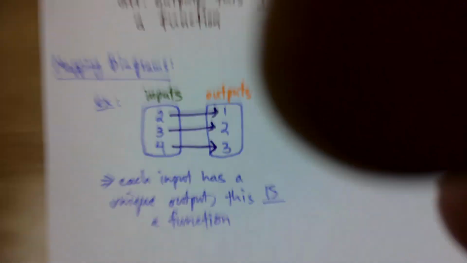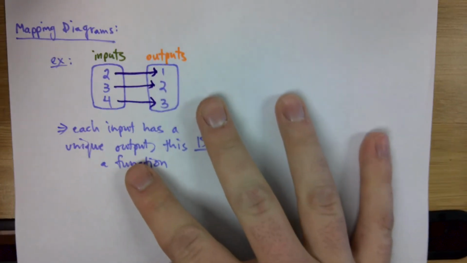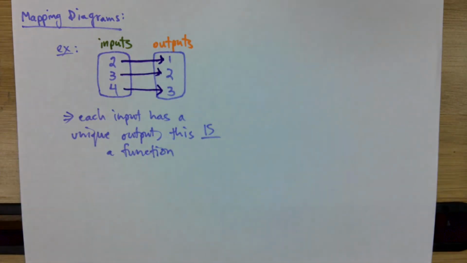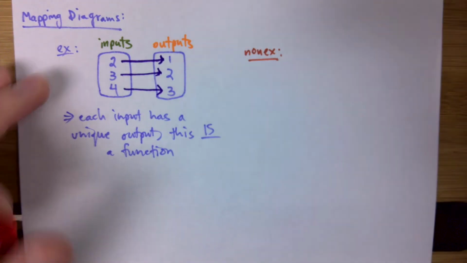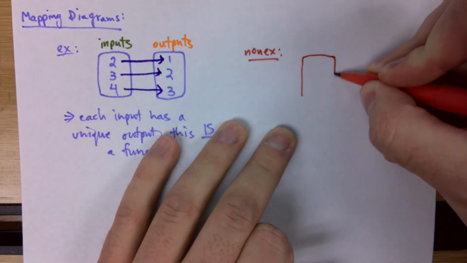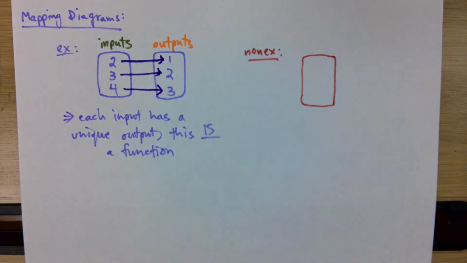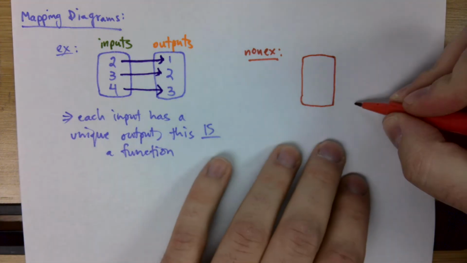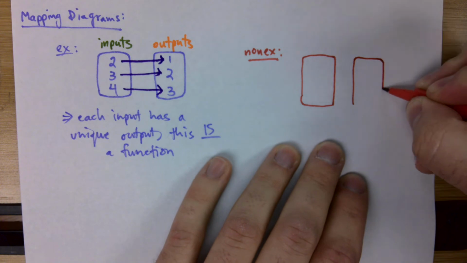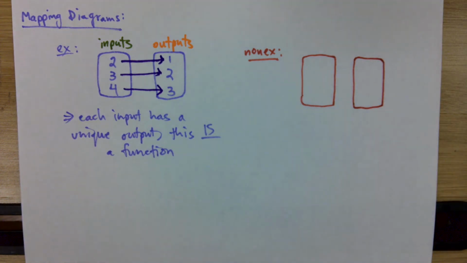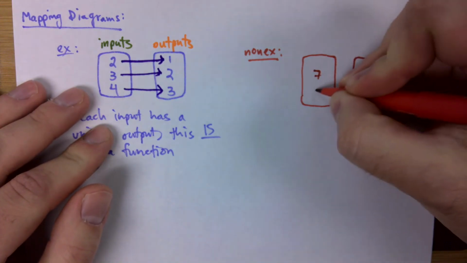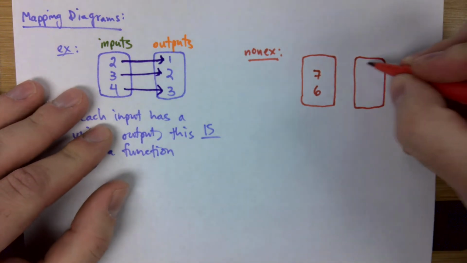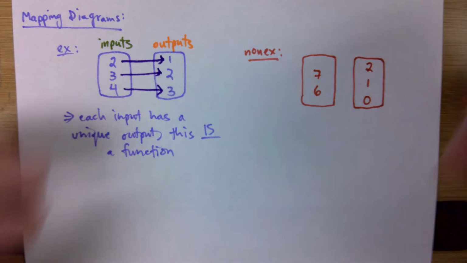Each input has exactly one output. Now, what would a mapping diagram look like that is not a function? Let's take a look at a non-example. We've got 7 and 6, and then we've got 2, 1, and 0.